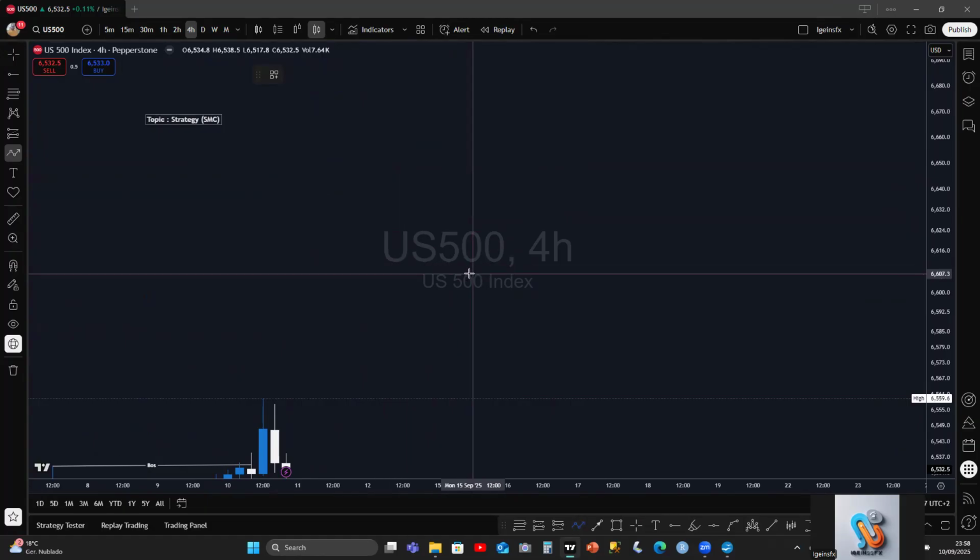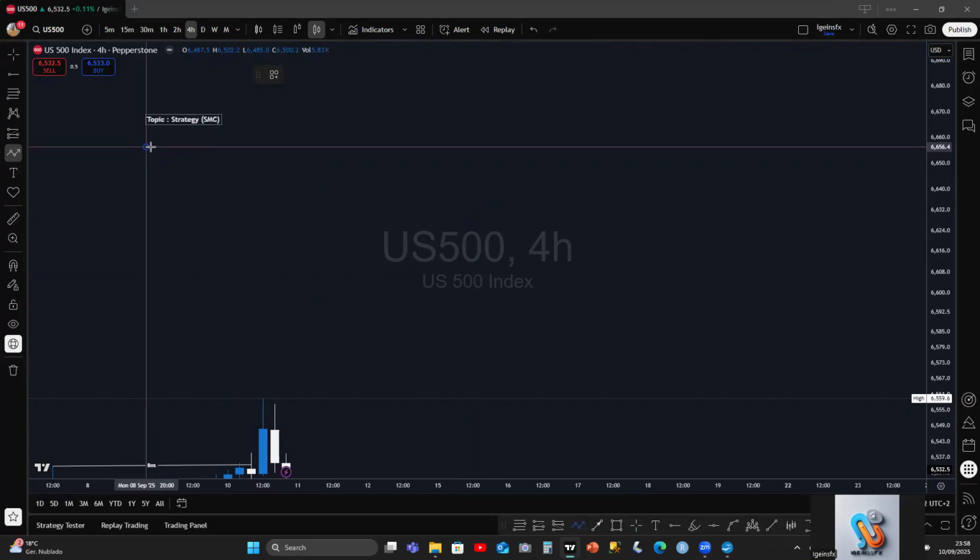And before we start, it's time for us to download trading software like TradingView.